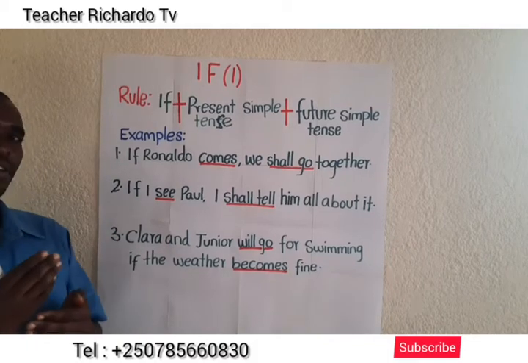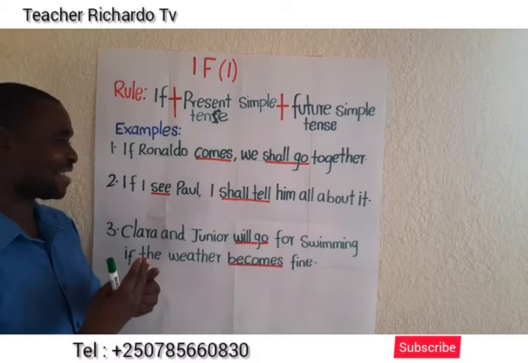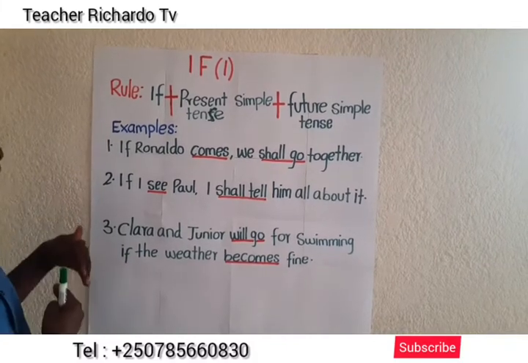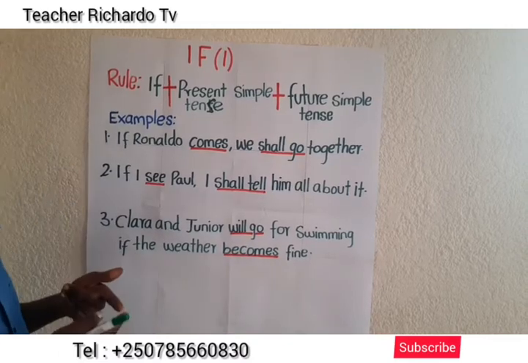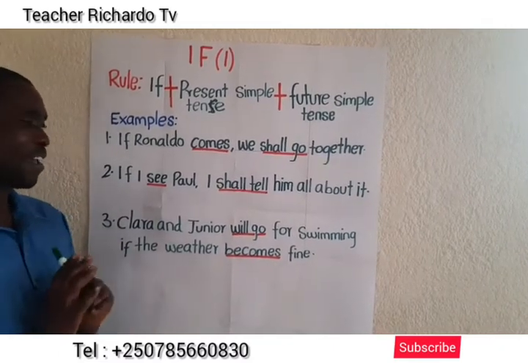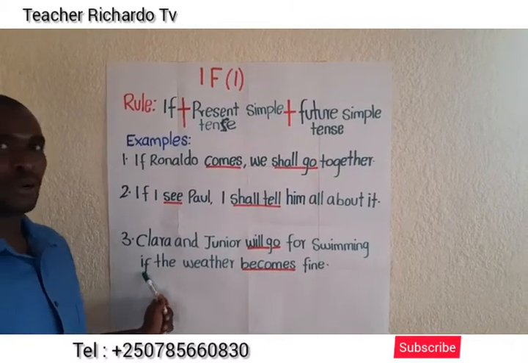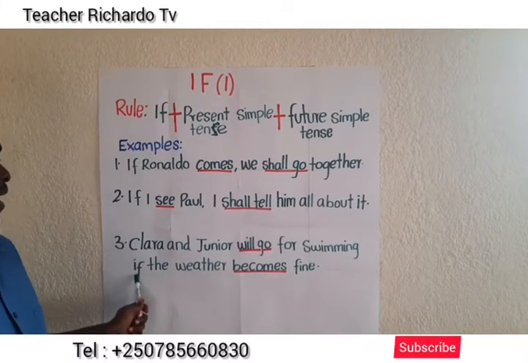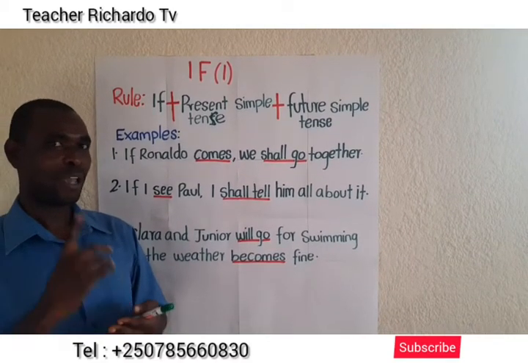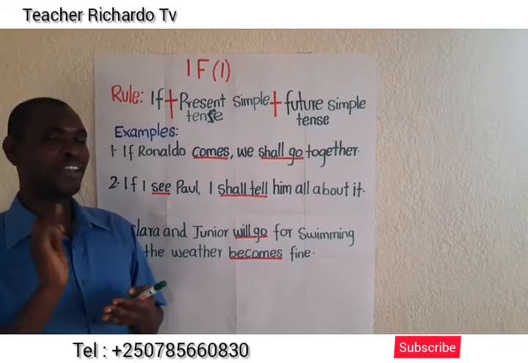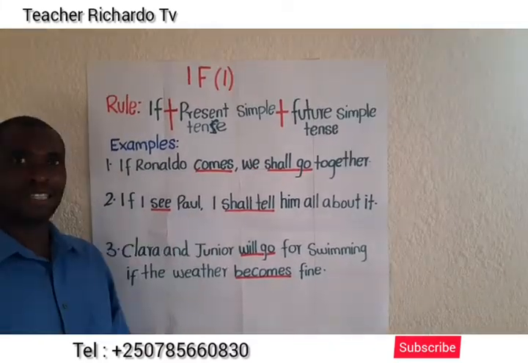In number 3, we have started with the main clause and the if clause has come last. So that's why we have not put a comma there, because if as a conjunction has come in the middle of the sentence, we have to avoid the comma.